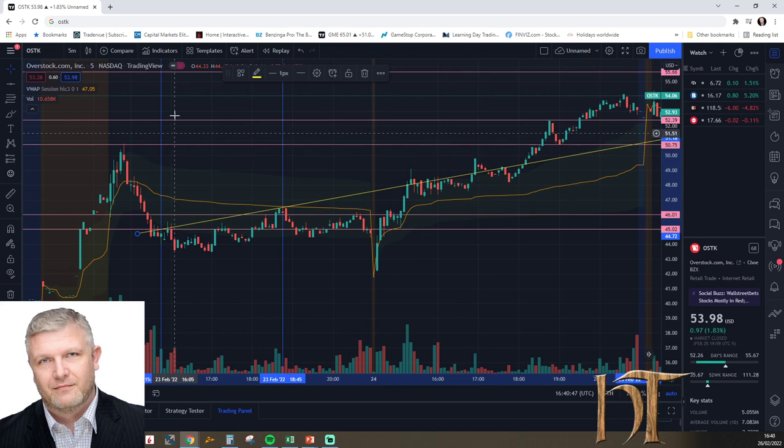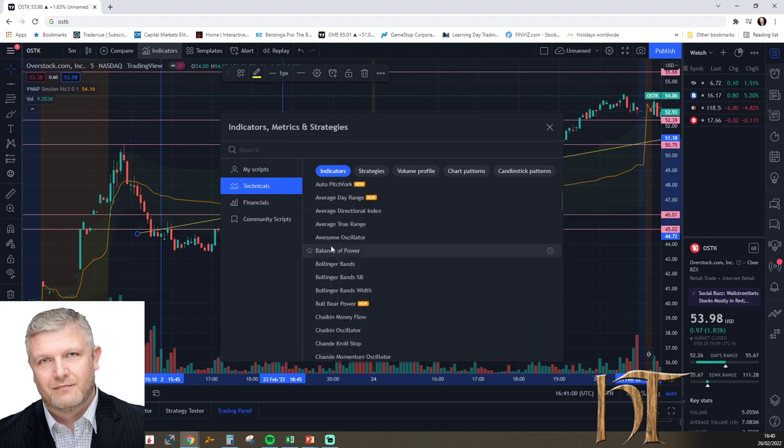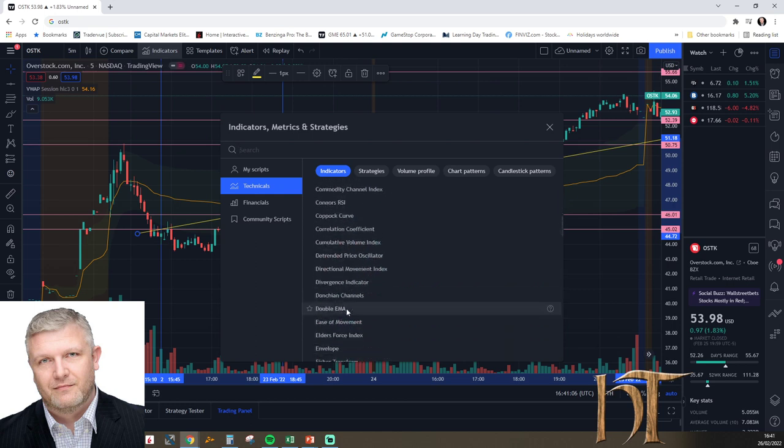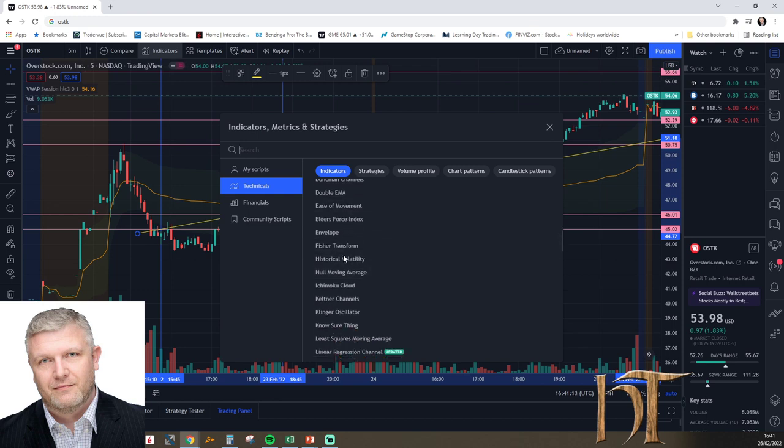So when we look at this TradingView chart here, we can look at indicators, and we've got various indicators that we can look at, candlestick patterns, but let's look at the technicals. We've got a lot of different things here, the ATR, Bollinger Bands, and different investors, different traders, different people will use a lot of these.